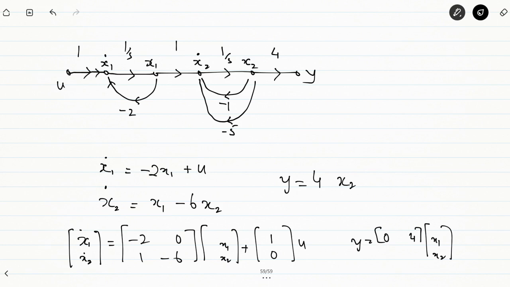So this is how we can obtain a signal flow graph from a state space model, and how we can obtain a state space model from a signal flow graph. Fine. Also, we have tried to derive the transfer function; we'll actually be deriving that mathematically in the next session. So that's all for this session.